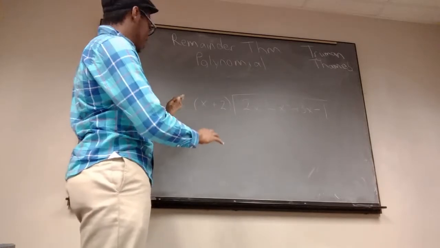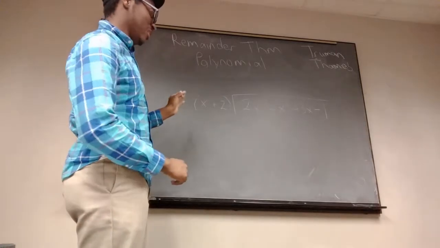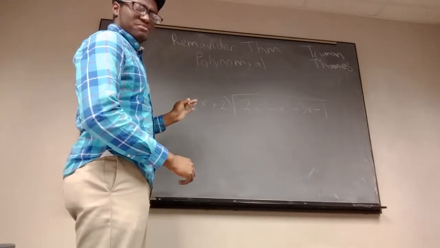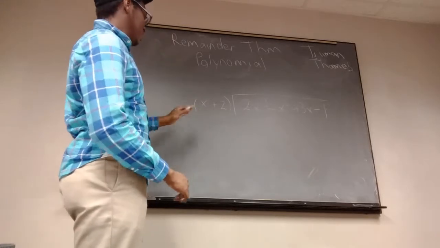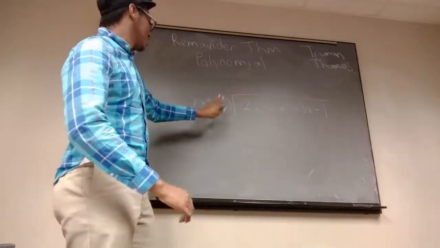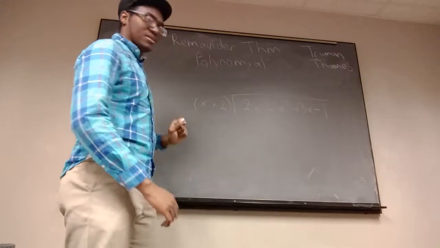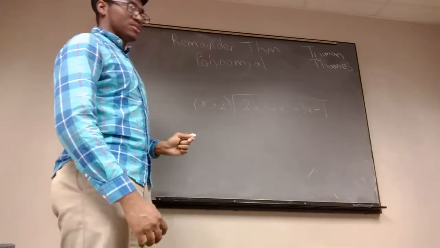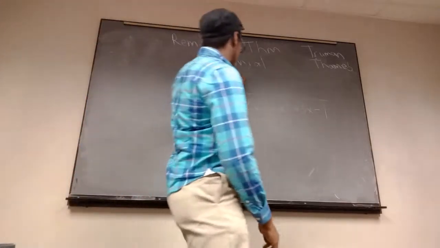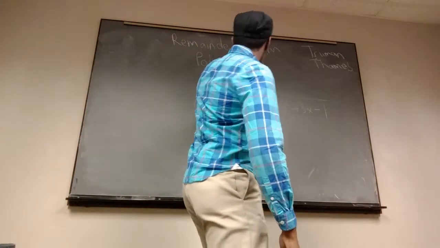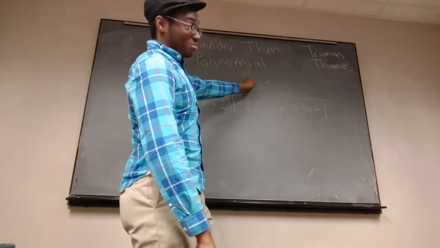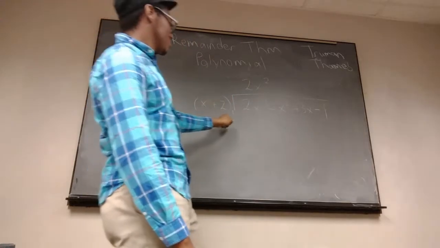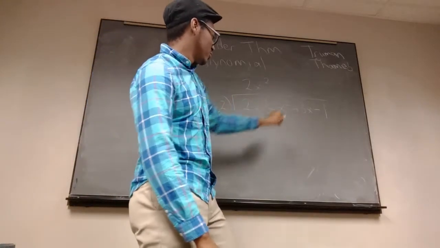So what's the first step we're going to be doing here in doing our long division? We're going to be dividing this polynomial by this little guy here. So how many times does x go into 2x cubed? 2x squared times. And we multiply our 2x squared by x plus 2 and subtract it away from our polynomial here.